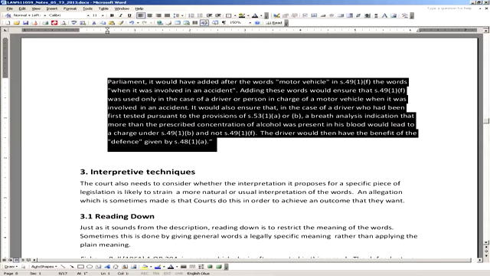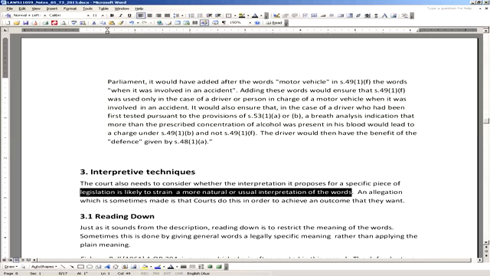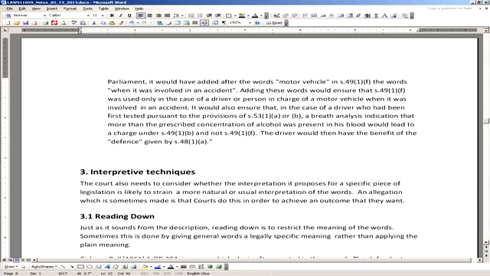The words that are really there don't include motor vehicle in that sub-paragraph, in that section of that act. And the question is, should that section be strained to add those words in, or should it just be read as what is there?